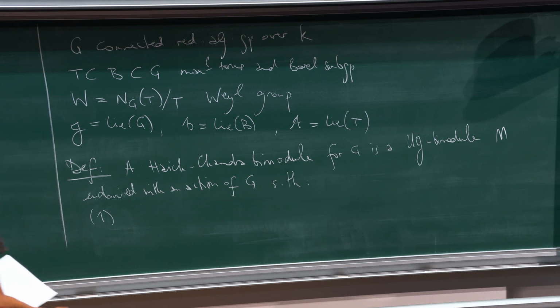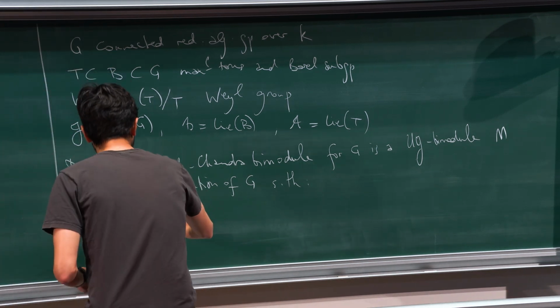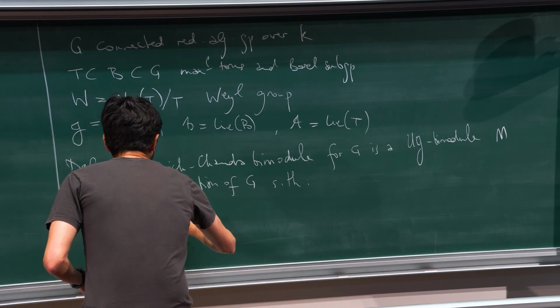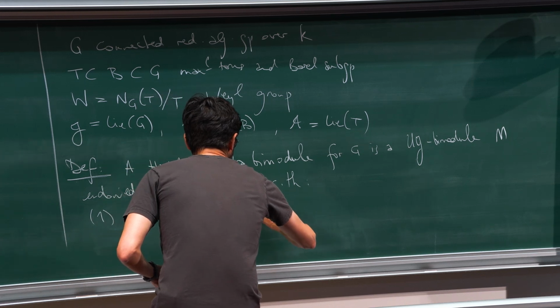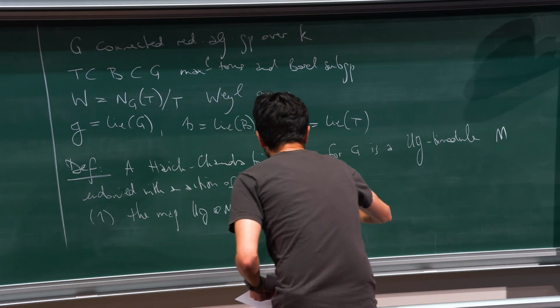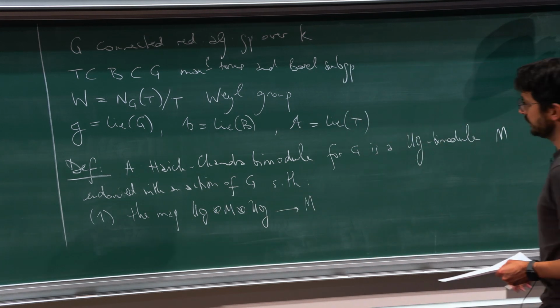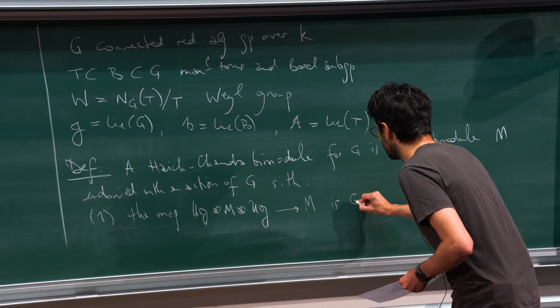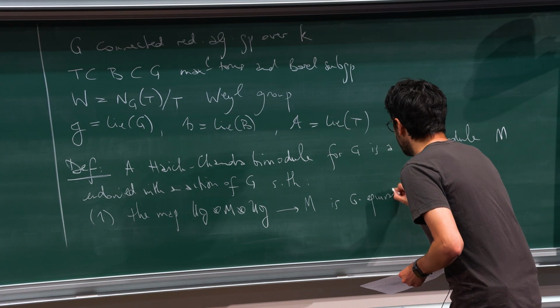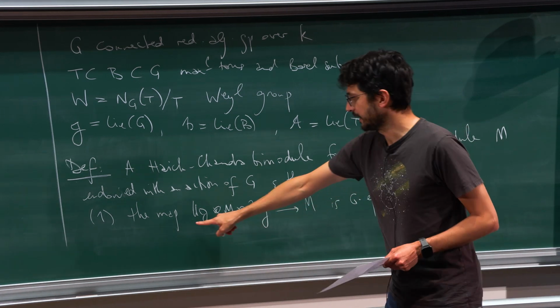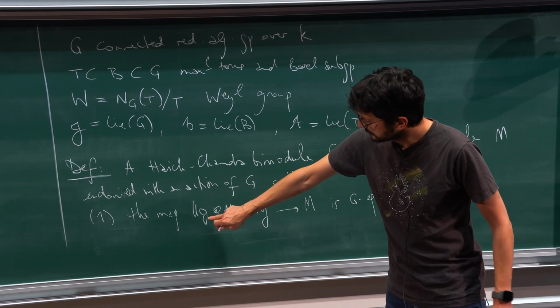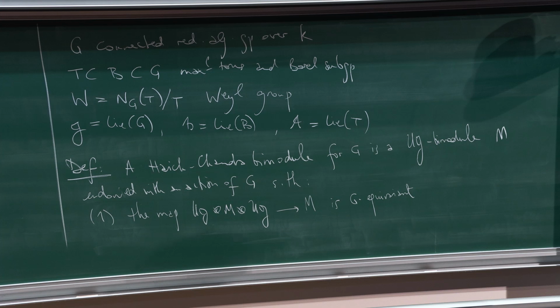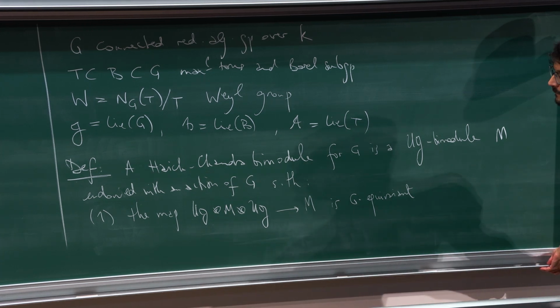The first is that I have a G-equivariant UG bimodule, so this means that the map from UG tensor M tensor UG to M, given by the actions on the left and on the right, is G-equivariant with respect to the action on the left-hand side, given by the adjoint action on the Lie algebra and on the enveloping algebra, and then the diagonal action on this tensor product.